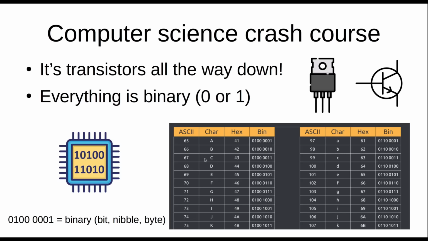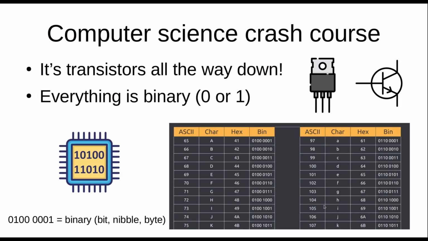And so if you type, for example, capital A on your computer, it does not know what a capital A is. And so internally in your CPU or in your RAM, the computer needs to represent this capital A as a sequence of zeros and ones.